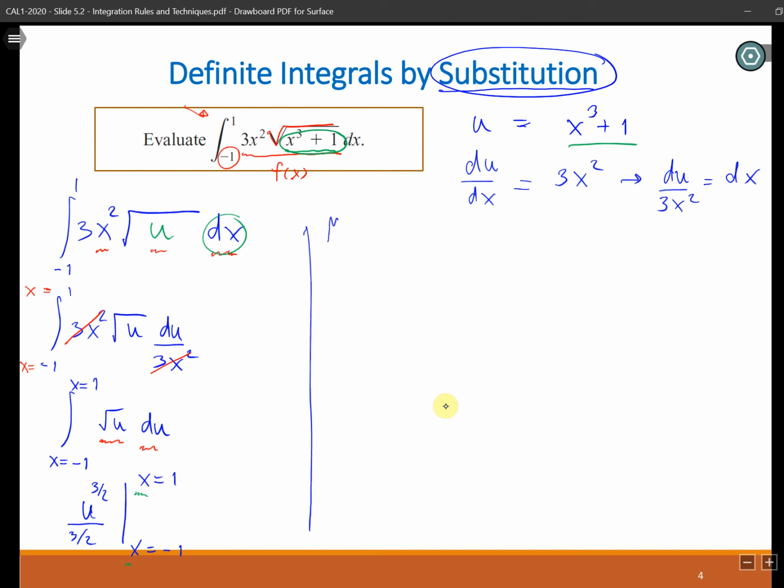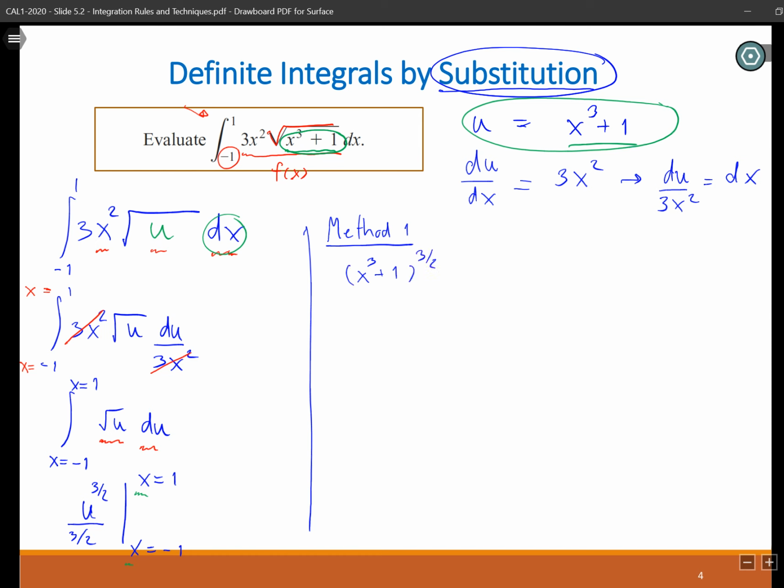So method 1, this is what we did in class. We substitute x back into u because we have this. So we put this back, so it's going to be x cubed plus 1 to the power of 3 over 2.